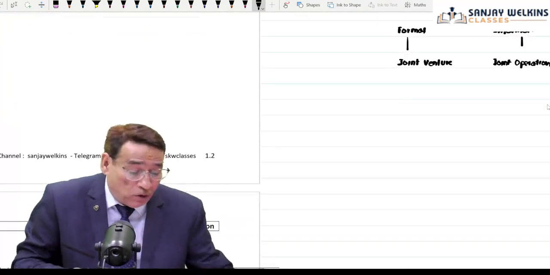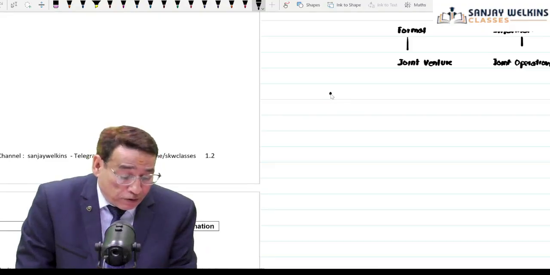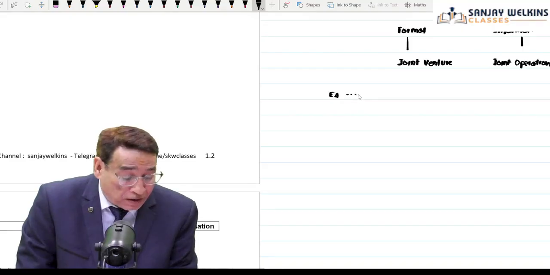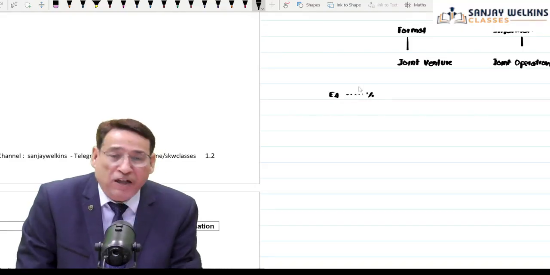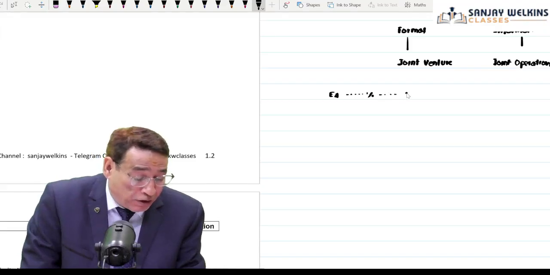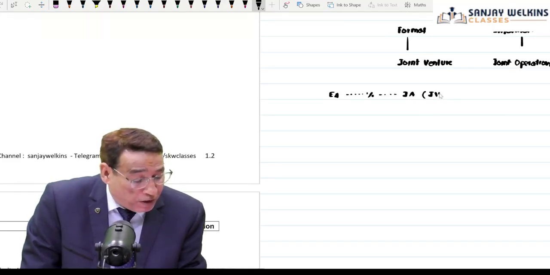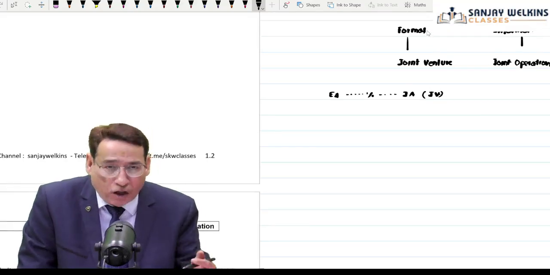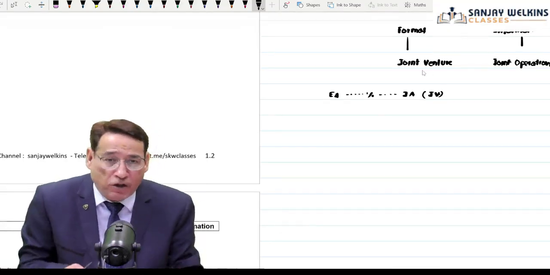Now, just to elaborate the same point, we presume that this entity E4 has some stakes, 10%, 15%, 20%, 30%, in a joint arrangement, and the joint arrangement is a joint venture. Indirectly, it means this joint arrangement is a formal one, and that is why it is known as a joint venture.